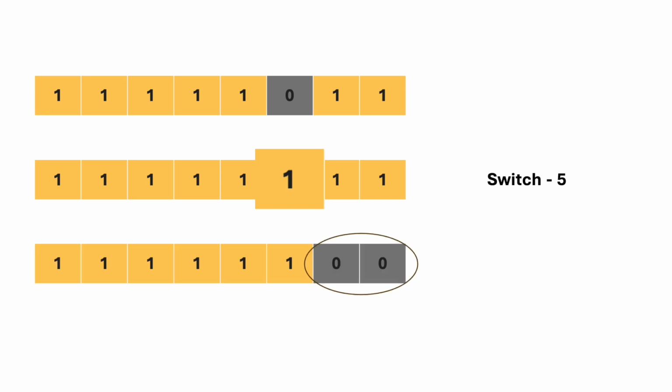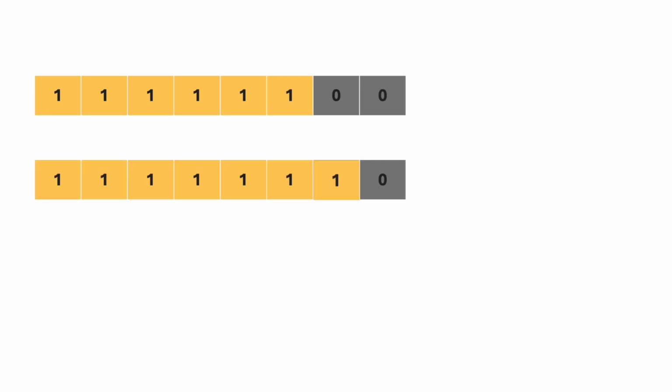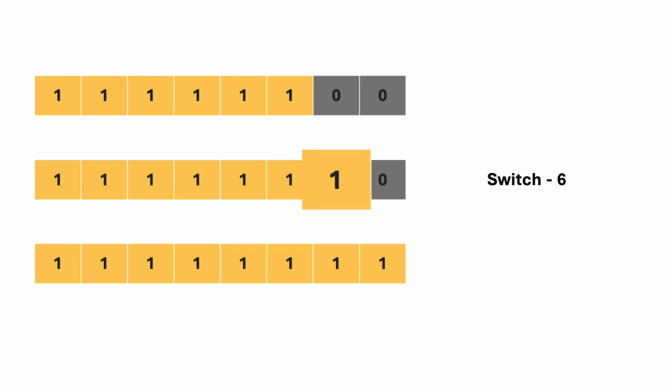Fifth switch. And sixth switch. Finally, all bulbs become on. So the minimum number of switches required is 6.